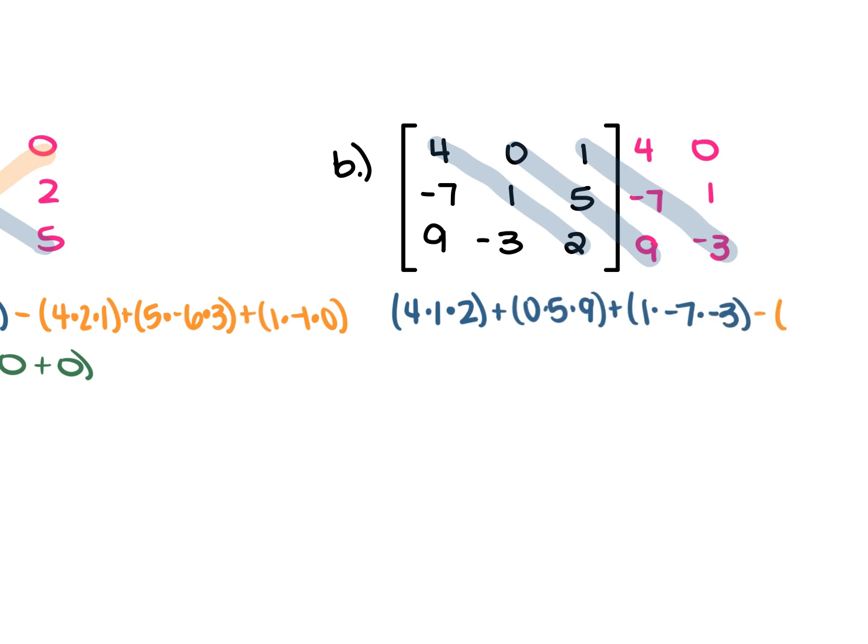We're going to subtract that with our minors. We're going to get that from doing the 9 times 1 times 1 plus the negative 3 times 5 times 4 plus the 2 times negative 7 times 0.